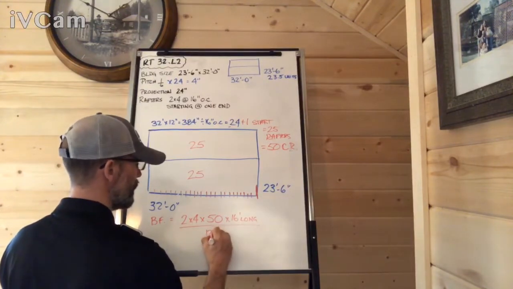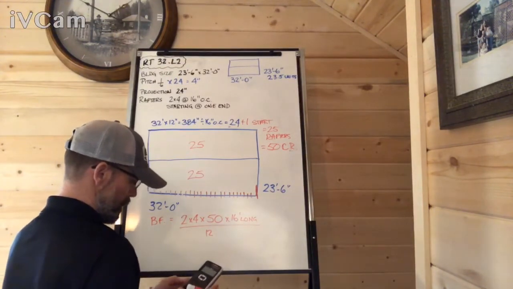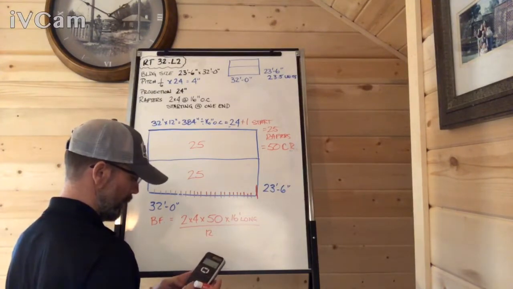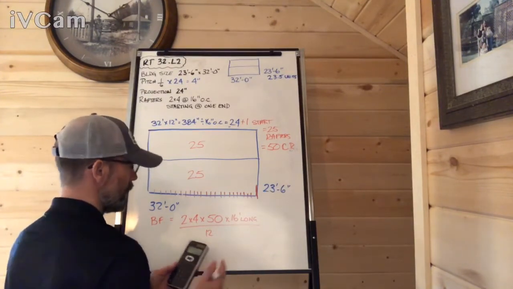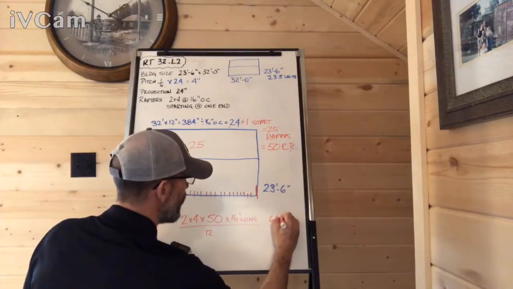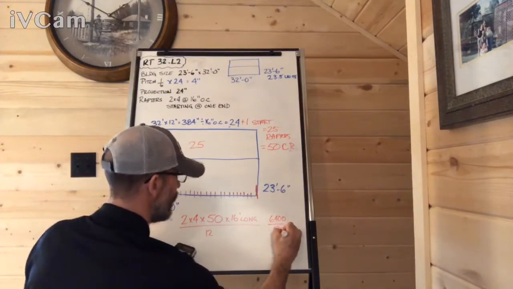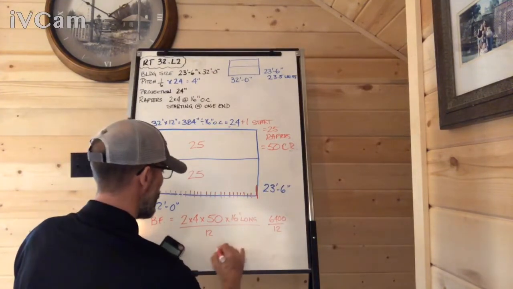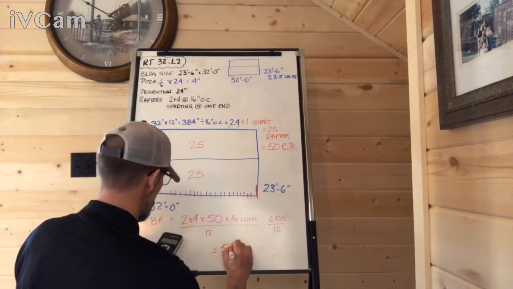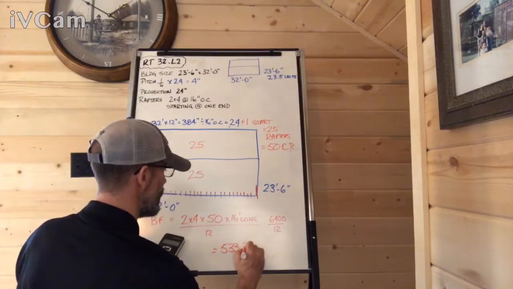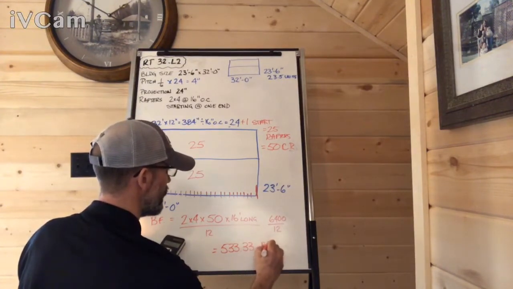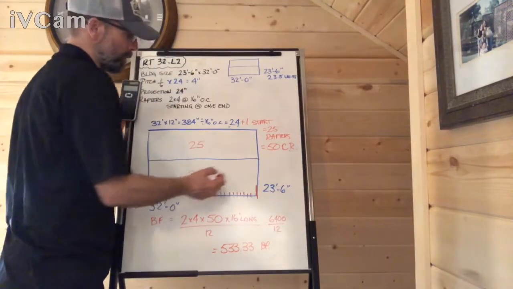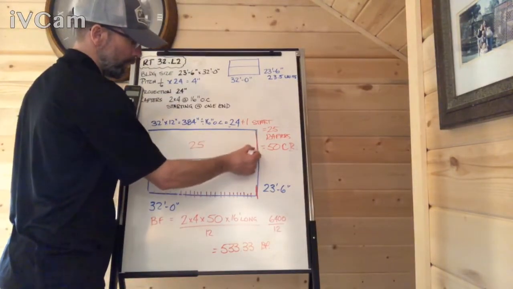Divide that by 12. 2 by 4 by 50 pieces that are 16 feet long, 6,400 divided by 12 to change it to board feet is equal to 533.33 board feet. That will give me all the rafters to do this area right here.